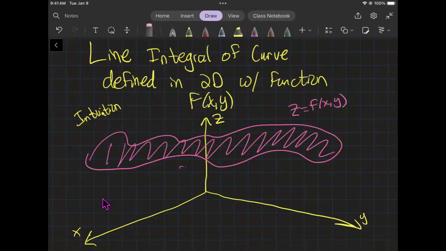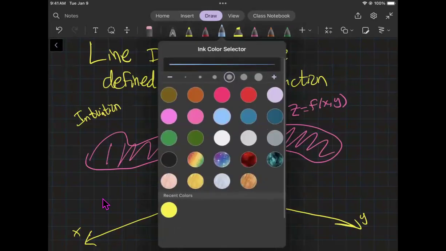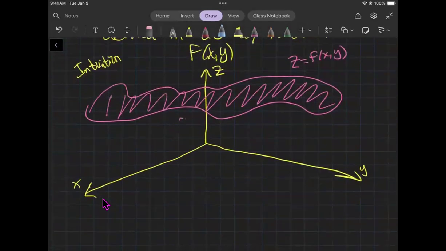You'll get a z coordinate. Suppose I define a curve in the xy plane. It could be a curve like this. Our starting point is at A and the ending point is at B.